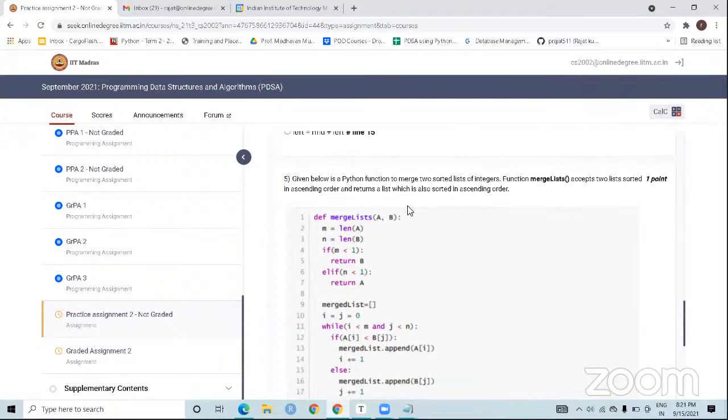So we have two lists. A is one list and B is another list, that are in sorted order. Our main aim is to combine these lists and put them all together in sorted order.